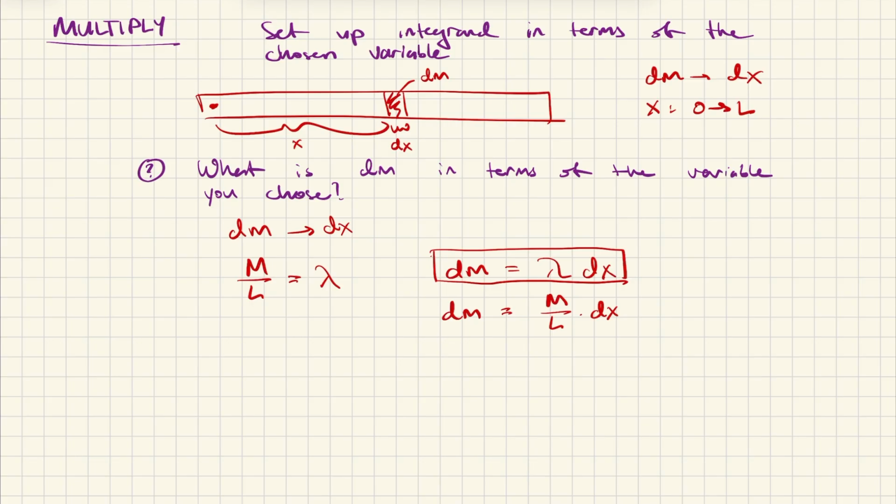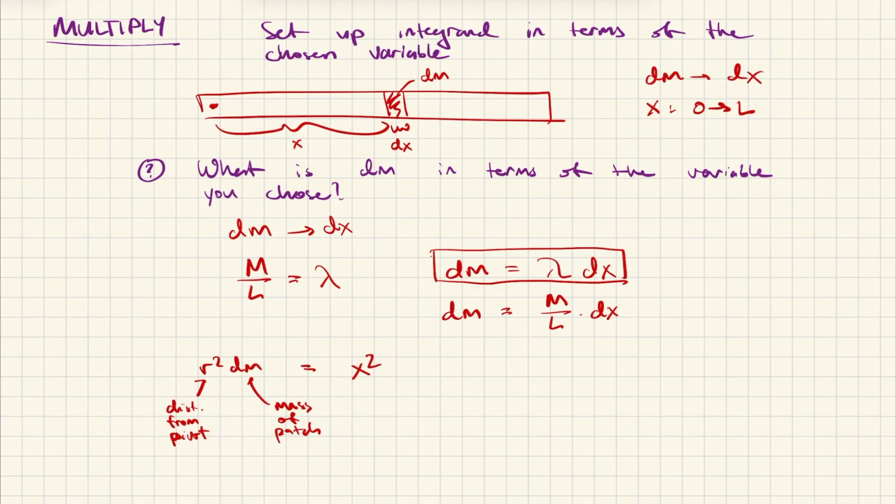Now we need to actually write our integrand out. Remember, our integrand is r squared dm, where r is the distance from the pivot point, and dm is the mass of the patch. In this case, the distance from the pivot point is whatever distance this patch is, in other words, x.